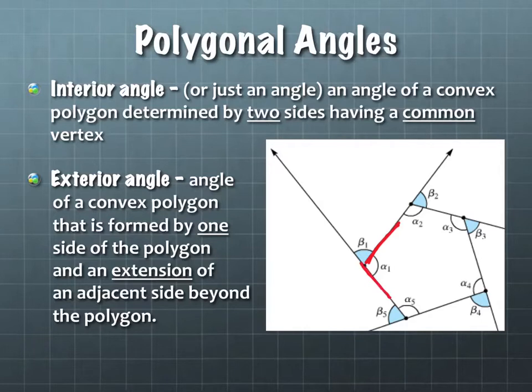So this is the other side, but then you extend it out. And it creates that blue angle beta 1, and that's an exterior angle. So you might notice that alpha 1 and beta 1, as they're drawn here, they form a line, right? When you connect them together the way that they're drawn, they're actually lying alongside a straight angle or a line. And that's how they will always work.